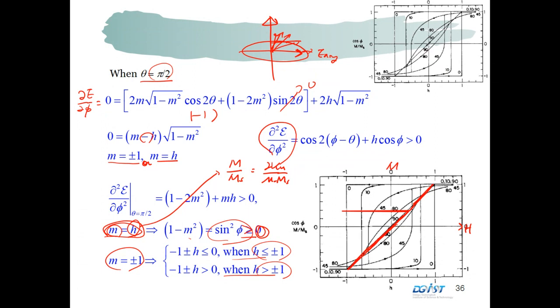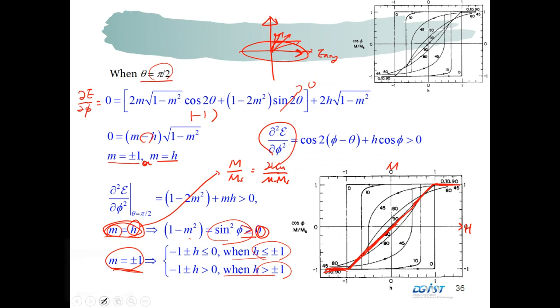When the magnetic moment is smaller than the saturation value, it is linear. But when they are saturated, that means they are ±1. There is some saturation.